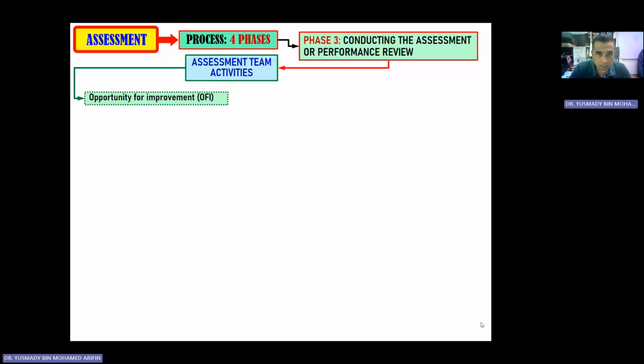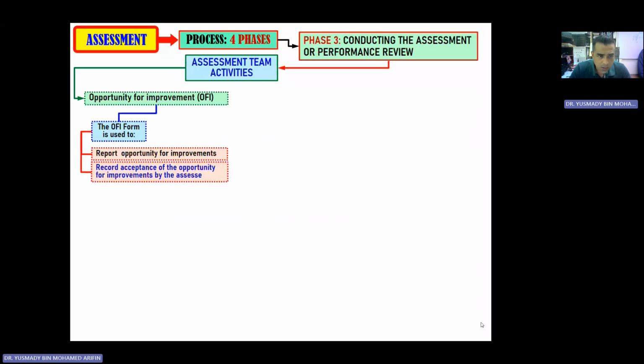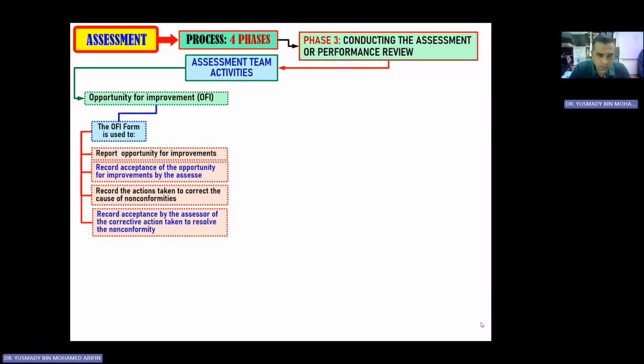And still under assessment team activities, about the opportunity for improvement, OFI. So the OFI form is used to report the opportunities for improvement, to record acceptance of the opportunities for improvement by the SSC, record the action taken to correct the cause of non-conformities, record acceptance by the assessor of the corrective action taken to resolve the non-conformities.